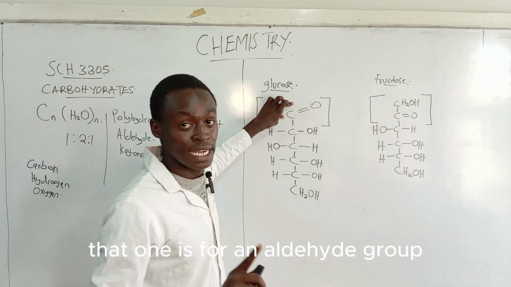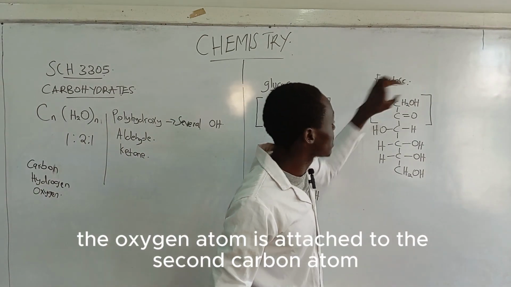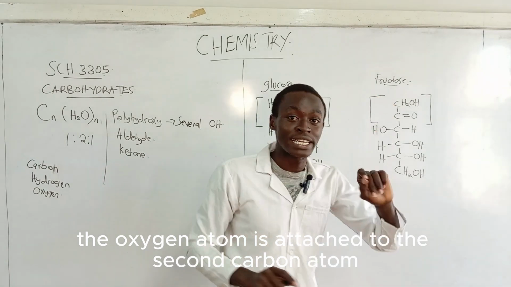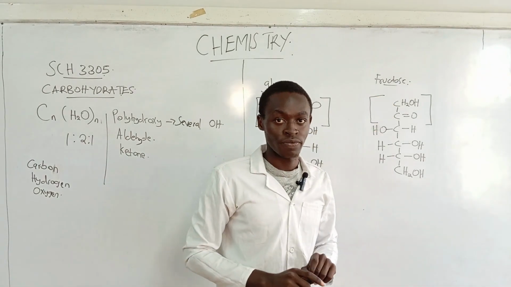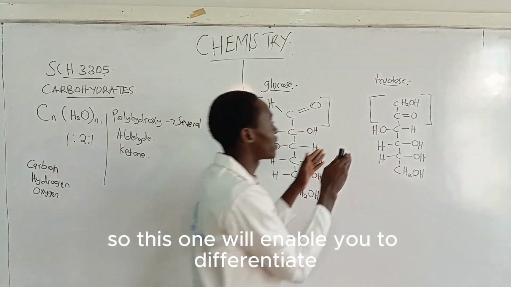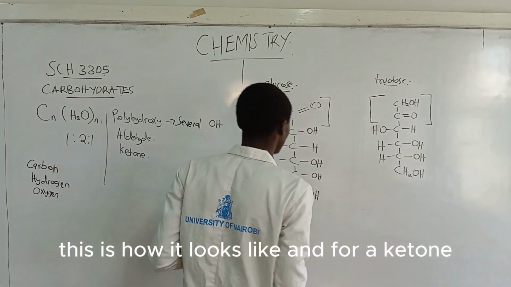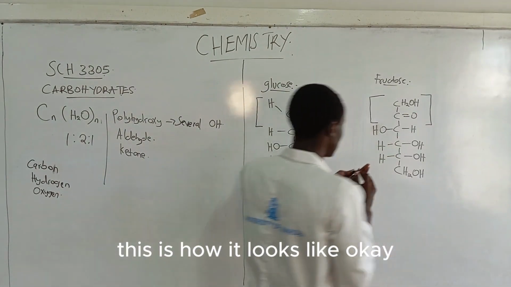But for a ketone, the oxygen atom is attached to the second carbon atom. So for an aldehyde, this is how it looks like, and for a ketone, this is how it looks like.